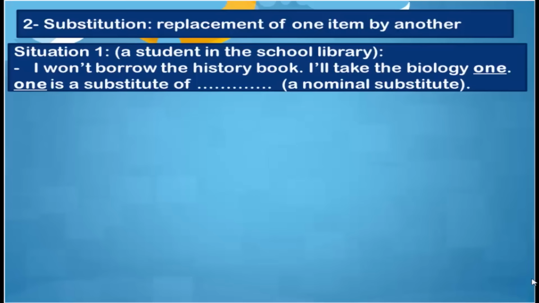Where is the word book in the second sentence? There is nothing. But one is a substitute of book. So this is a nominal substitute because the word one is a substitute of a noun, book.